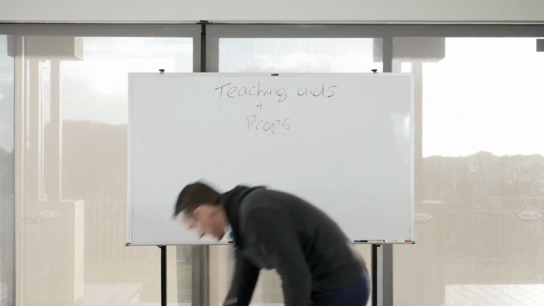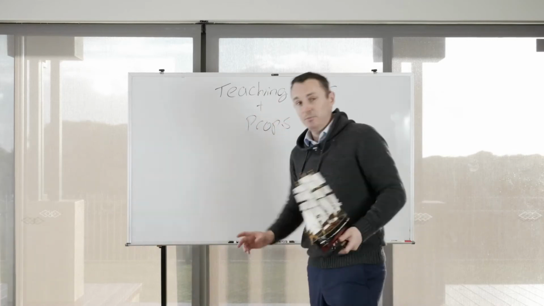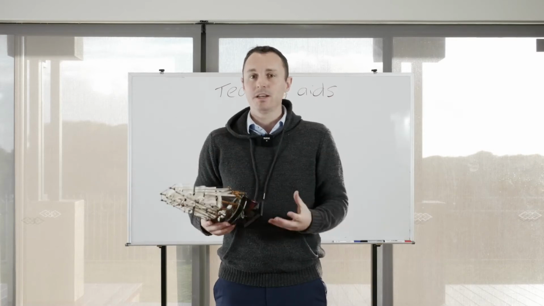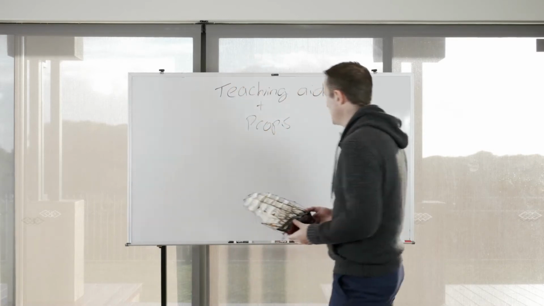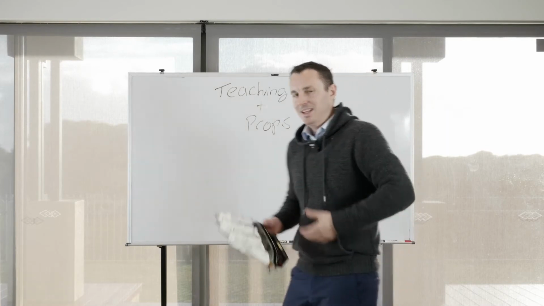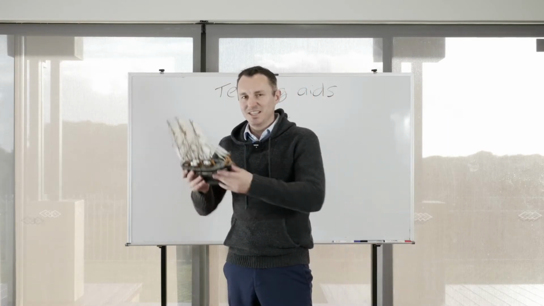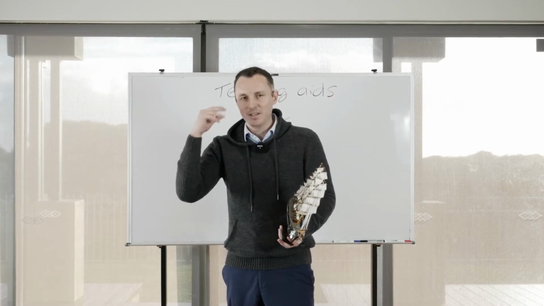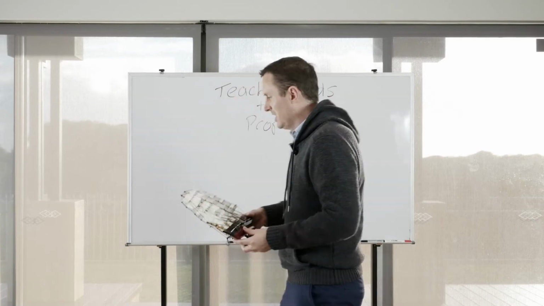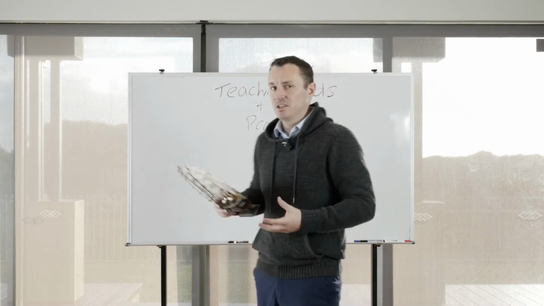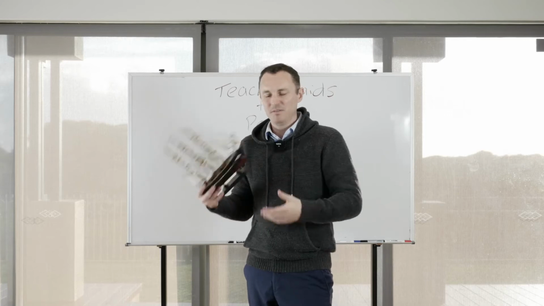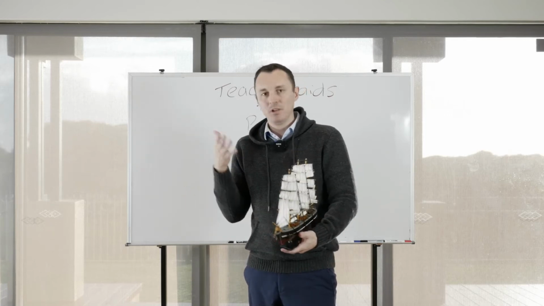bit more exciting for your students. It helps them to remember things, it helps them to conceptualize what's happening, and for those kinesthetic or tactile learners, it gives them something to touch, to feel, to play with, and something just happens in the brain that makes it a little bit easier for a lot of students to understand things when you're also integrating some type of tactile and visual information.